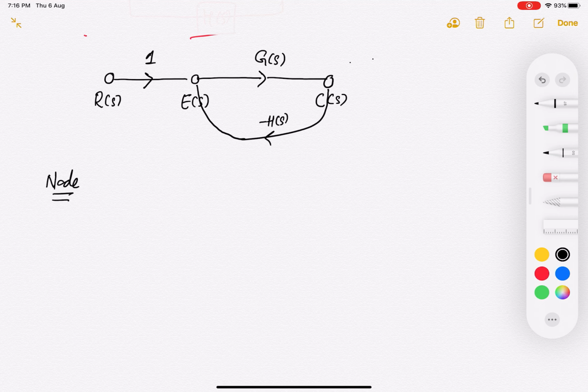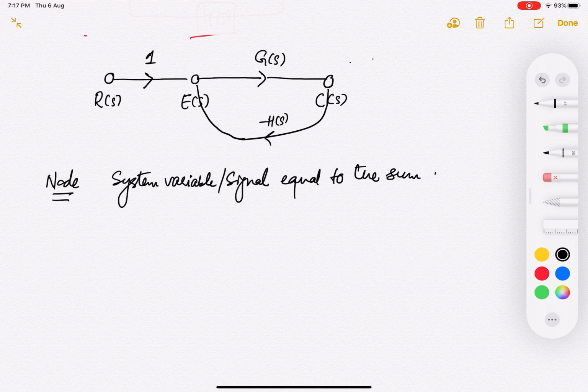It represents the system variable, which you call the signal, which is equal to the sum of all incoming signals to the node. What does this mean?